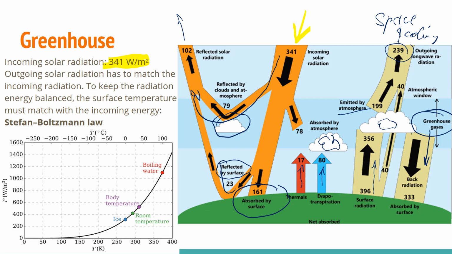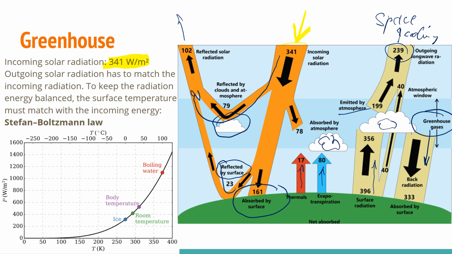Now, if you want to have a constant temperature on the Earth's surface, the incoming energy and the outcoming energy has to be exactly the same. Otherwise, if they are not the same, it will heat or cool the Earth. Now let's look into the numbers.